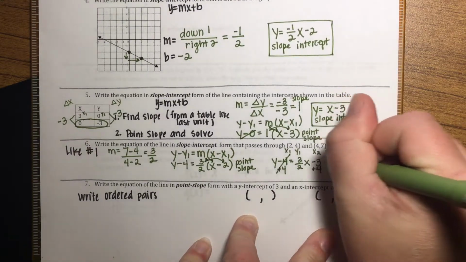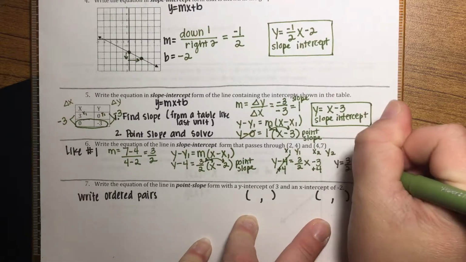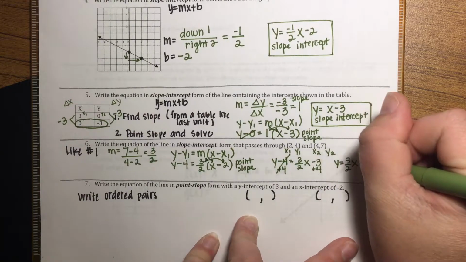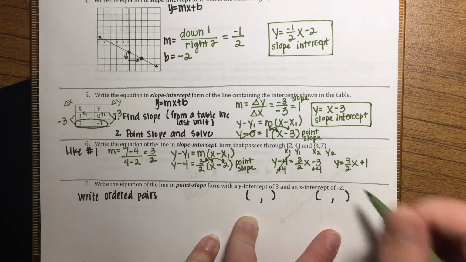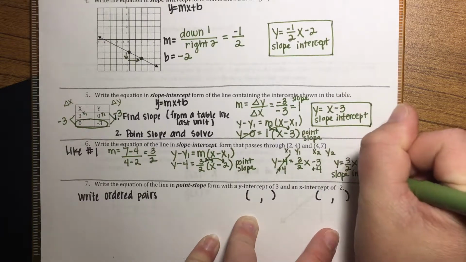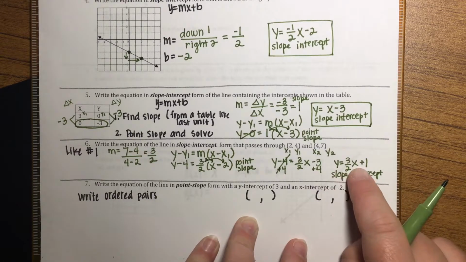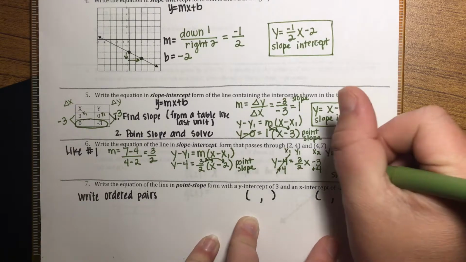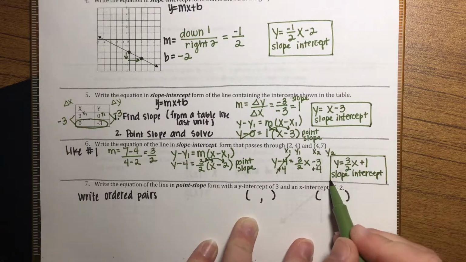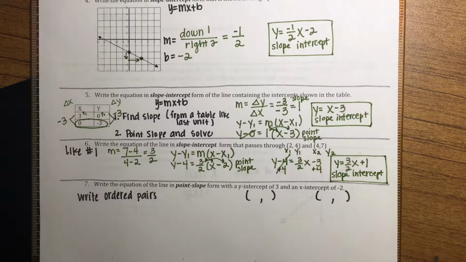I have y equals 3 halves x, and then minus 3 plus 4 is just going to give me a plus 1 there. And that is my slope-intercept form. I have y equals mx plus b. So there's number 6 worked out.